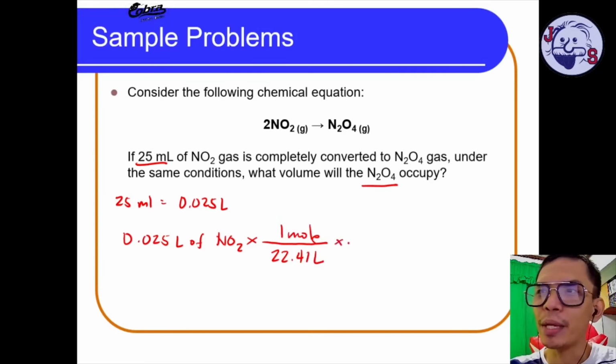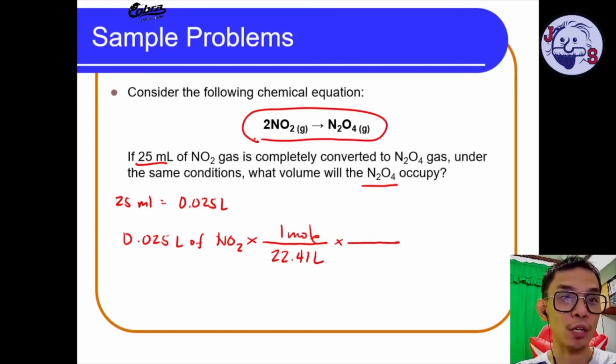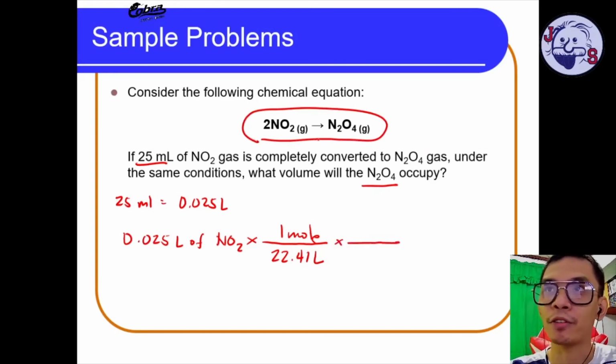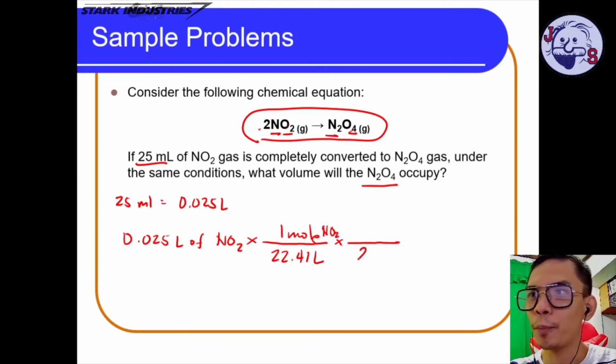And on the middle, the ratio of this equation. Okay, so since this is balanced already, so 2, 4, 4, N2O4. Okay, so that is balanced. So since this is NO2, so we will put NO2 here to cancel it out.